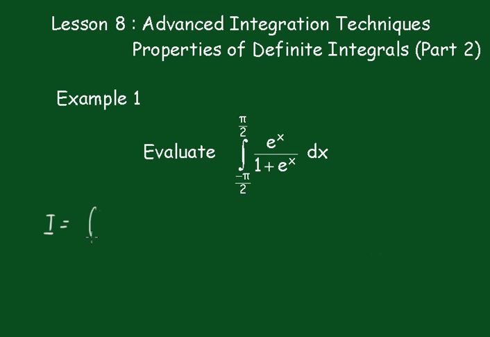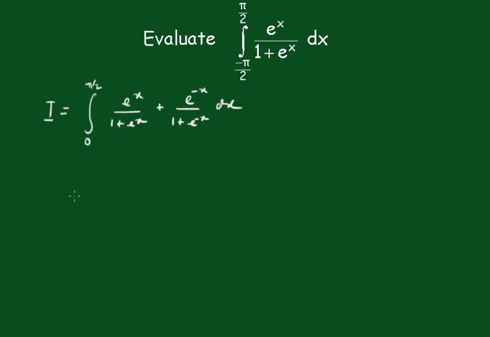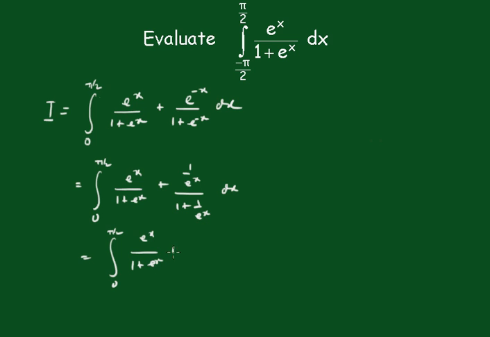is equal to the integral between pi upon 2 and 0 of e^x over 1 plus e^x plus e to the minus x over 1 plus e to the minus x dx, which is the integral from 0 to pi upon 2 of e^x over 1 plus e^x plus 1 over e^x over 1 plus 1 over e^x dx, which is e^x over 1 plus e^x plus.